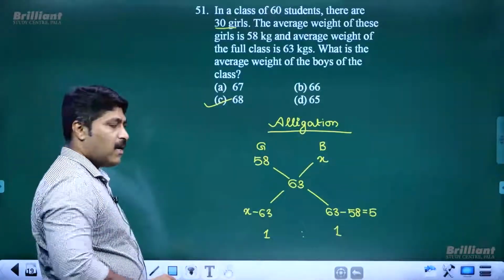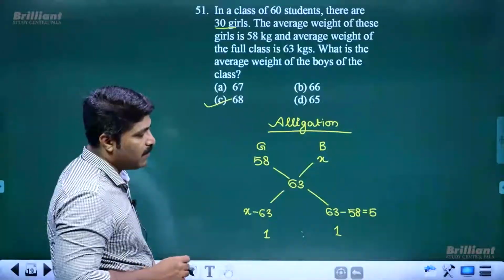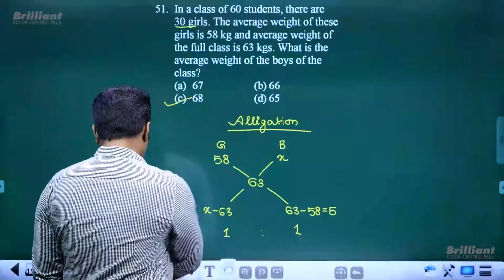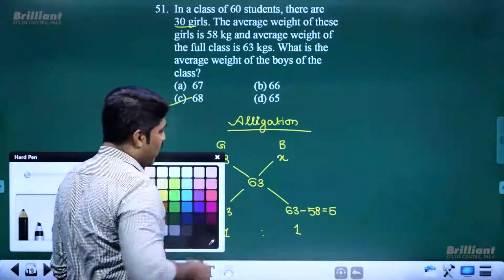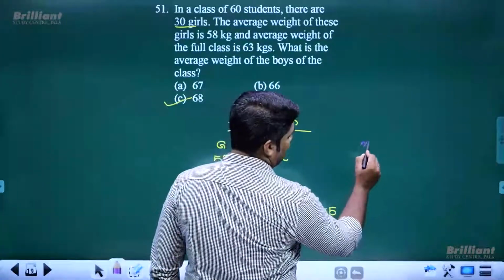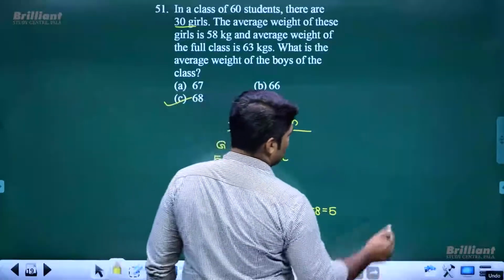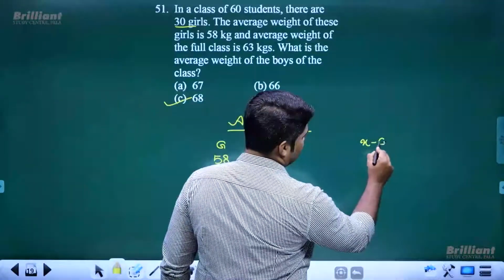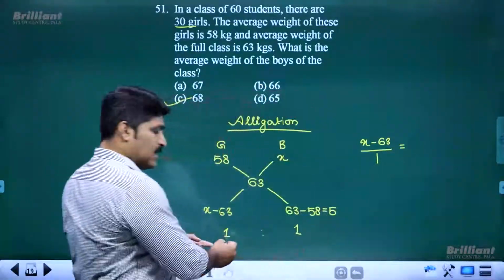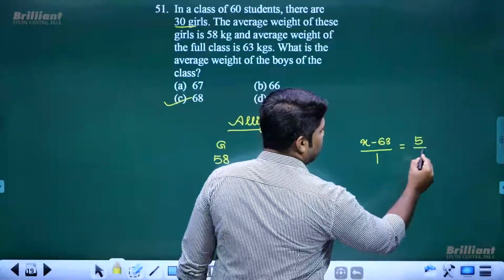In such a situation, how can we connect this step and find the value of x? The next step of this operation is quite simple. We just equate these fractions. So x minus 63 divided by 1, that is this ratio value, is equal to 5 divided by 1.